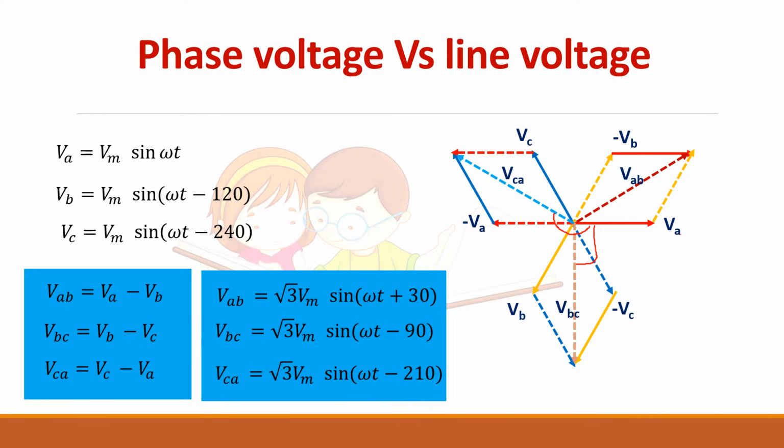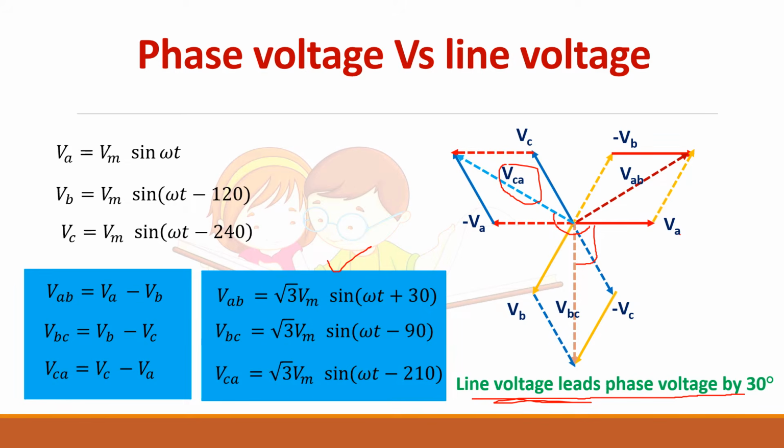Till this it is 180 plus 30, so you will get 210 degrees. So VCA is lagging by 210 degrees. You remember this: VAB, VBC and VCA. The other thing you have to remember is that the line voltage leads the phase voltage by 30 degrees, that is, this angle is 30.